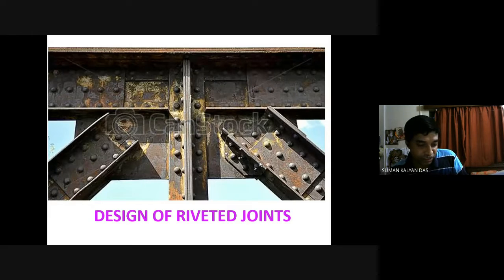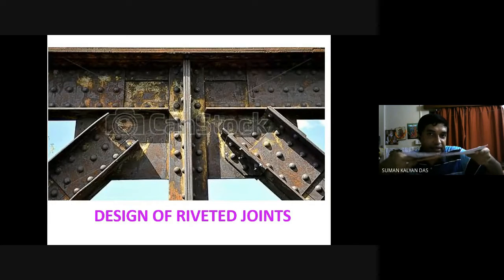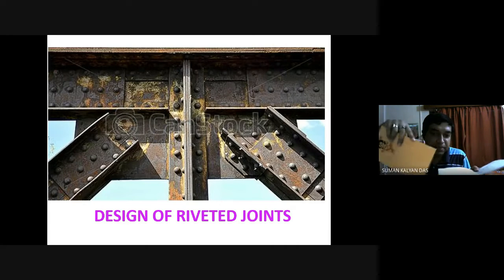Suppose these 2 plates are to be joined, and this joining is required because I am not able to produce a longer plate. Suppose this is a stainless steel plate, limited in size.